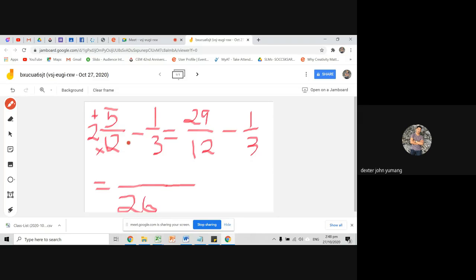That is 87. Minus, so 36 divided by 3 is 12. 12 times 1 is 12. So 87 minus 12 is 75. Over 36. Yan po.